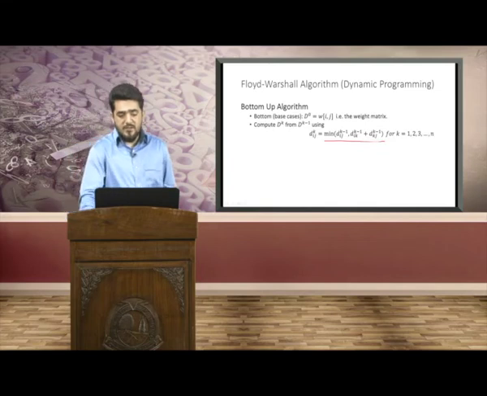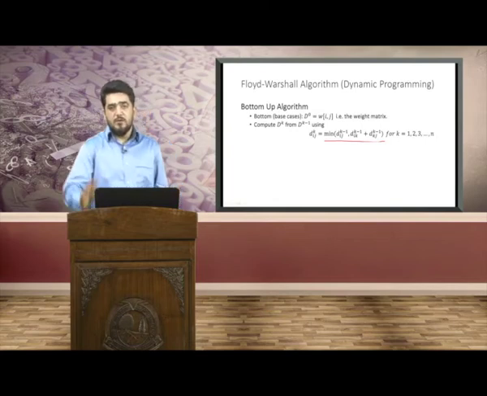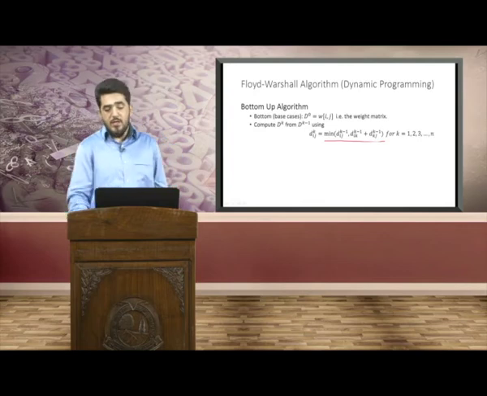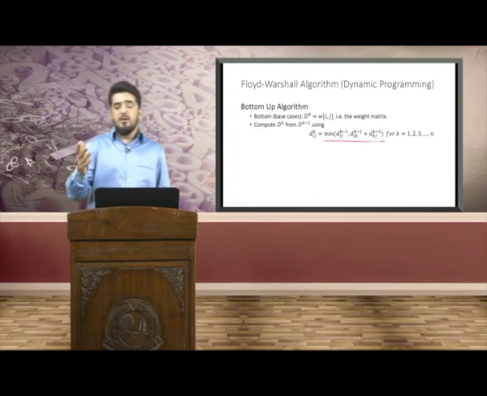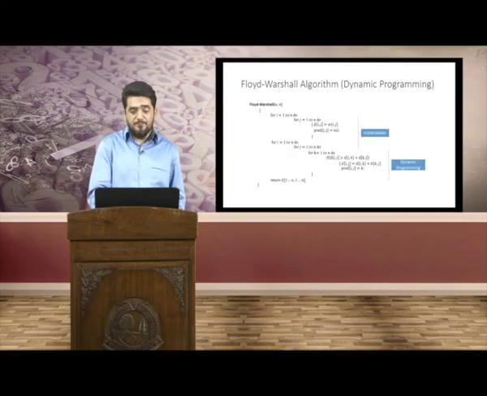So, it is obvious that starting from D of 0, using this relationship, we will be able to construct all possible matrices, D1, D2, D3, D4 and so on, till we reach D n, and that will be the final solution to our all pairs shortest path problem.